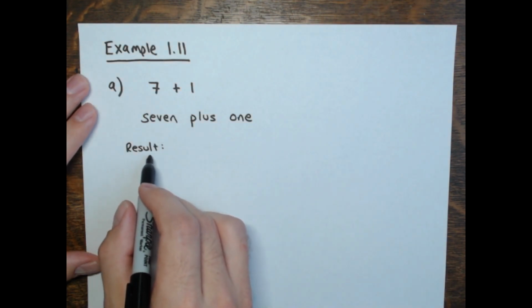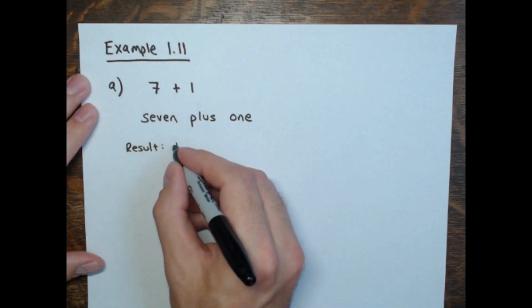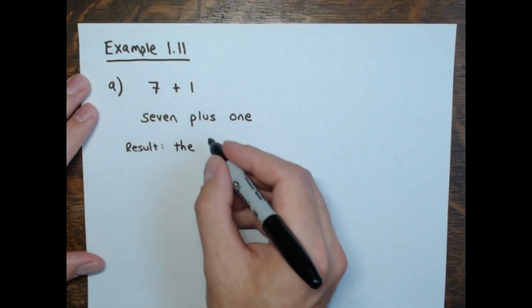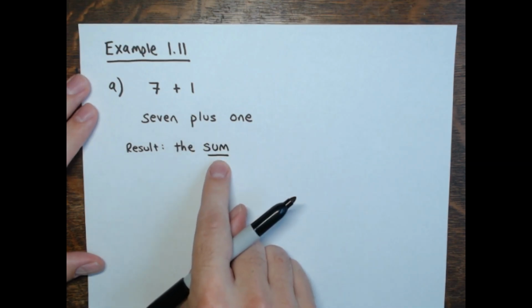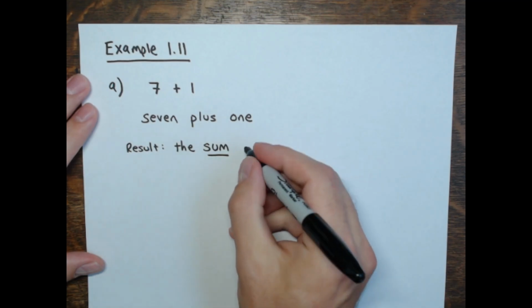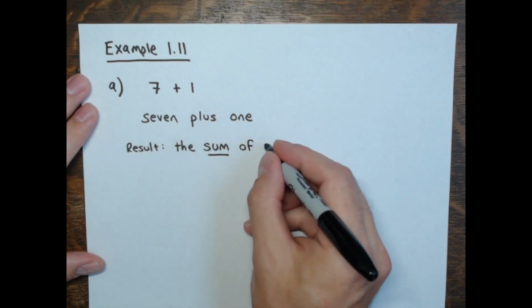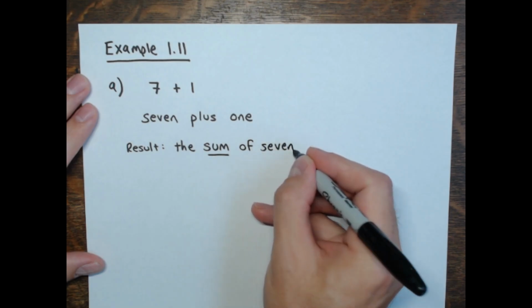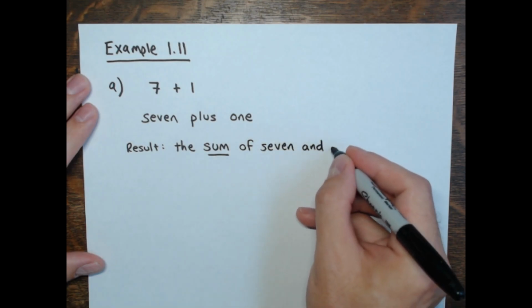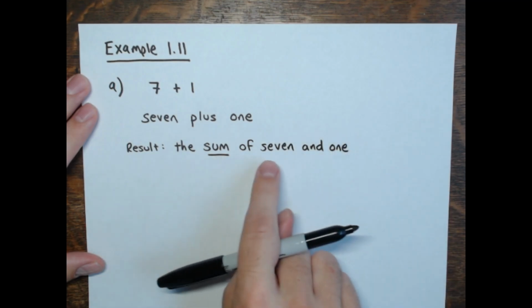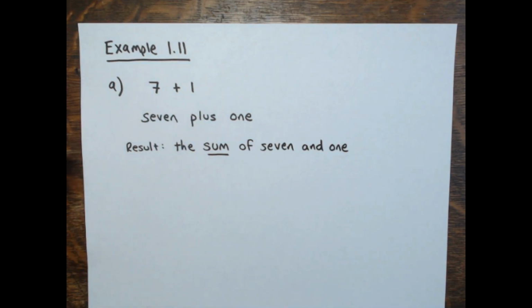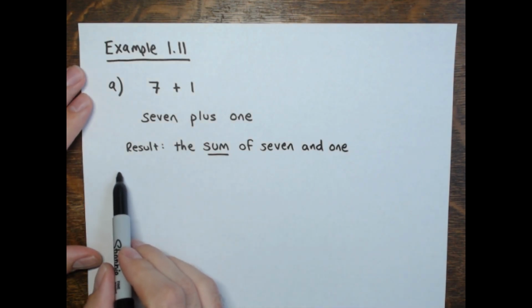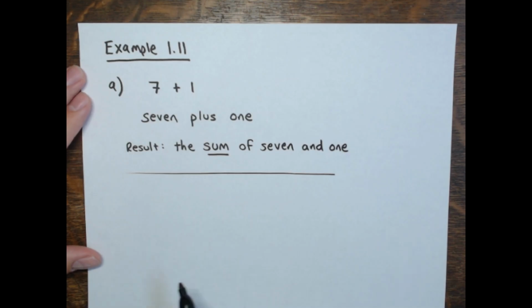They would say that the result of this addition is the sum. And the sum, anytime you see that word, you're adding. The sum of 7 and 1. Right? The sum of the two addends, 7 and 1, would be called the addends of this particular sum. And that's it.